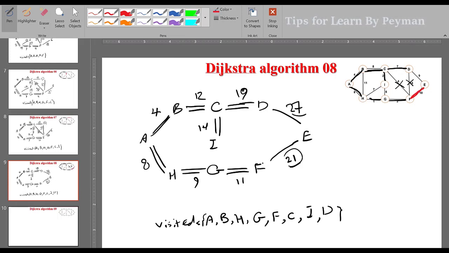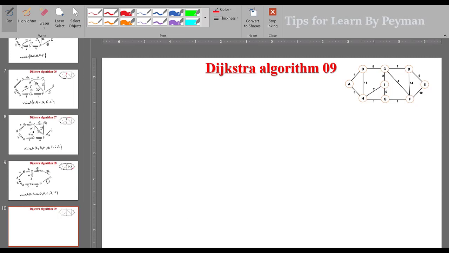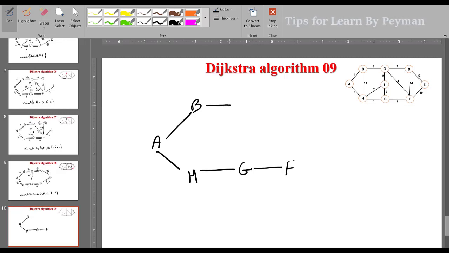So our final graph would be something like this. Sorry, I'll write it with black. I choose A, B, H, then G, then F, then C, then I, then I choose D, and from here I choose E. If you see the sequence that we visit, it was something like this.